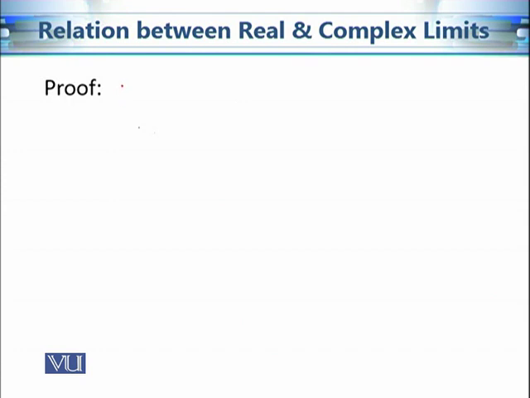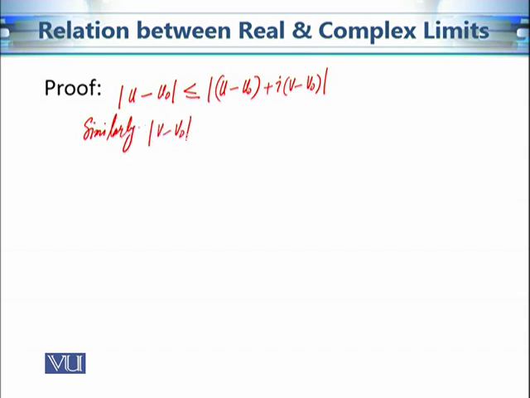Using the observation that |u − u₀| is less than or equal to |u − u₀| plus ι|v − v₀|, and similarly |v − v₀| is less than or equal to |u − u₀| plus ι|v − v₀|. Using this observation we can easily prove our statement.